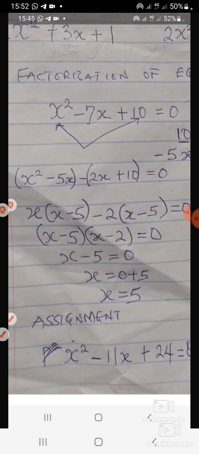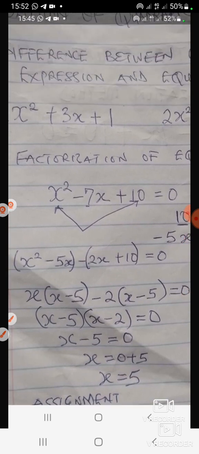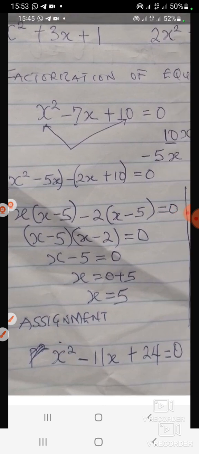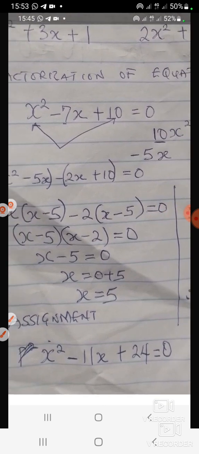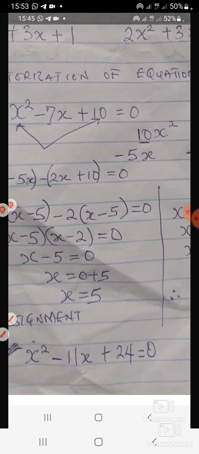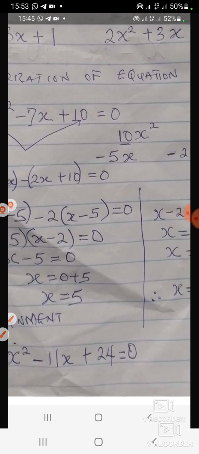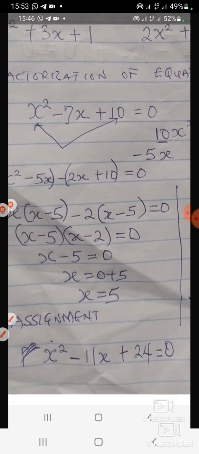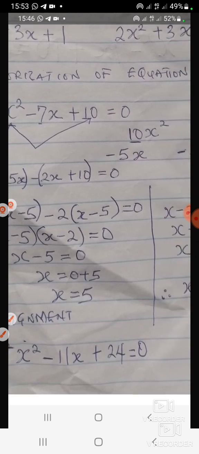Then what you need to do is to just go through them again and look at the assignment there. The assignment is x squared minus 11x plus 24 equal to 0. So this is quadratic equation, and you know why? Because it actually equal to 0.